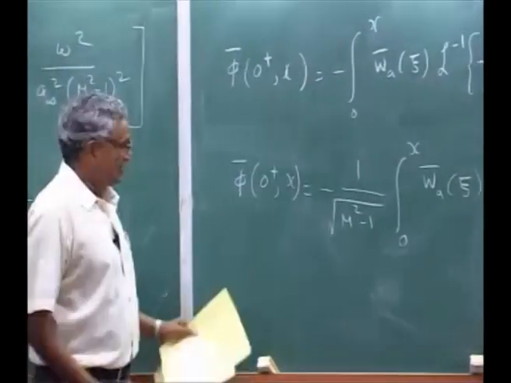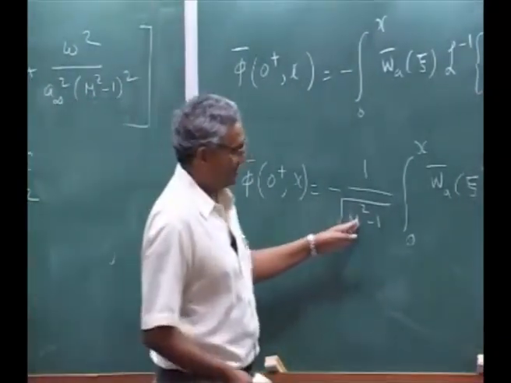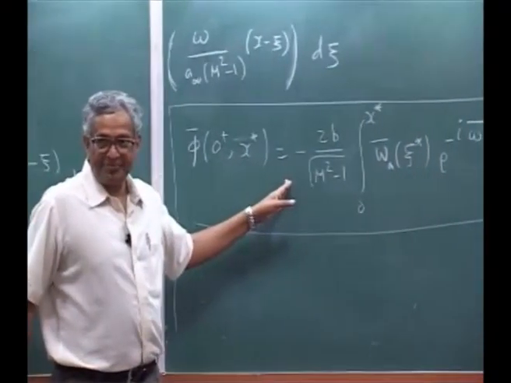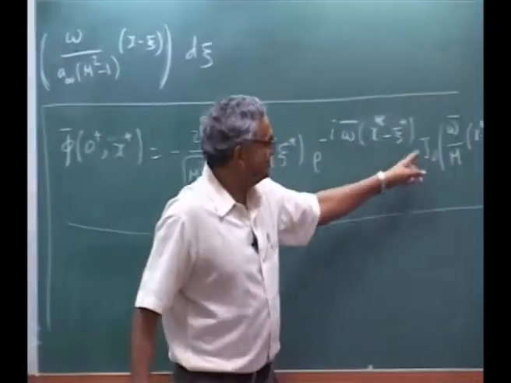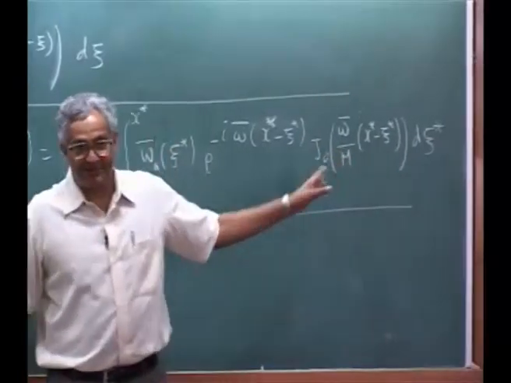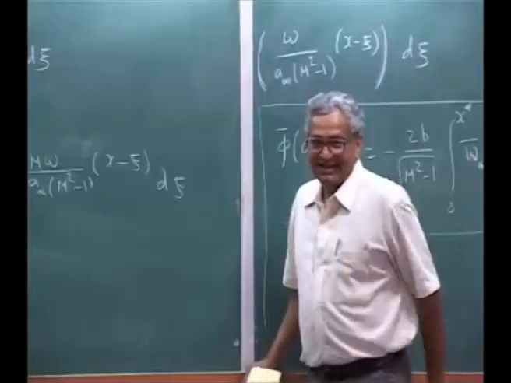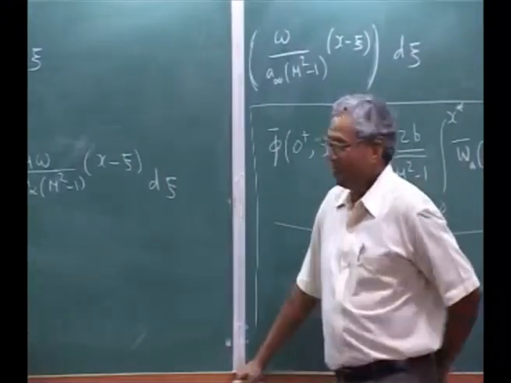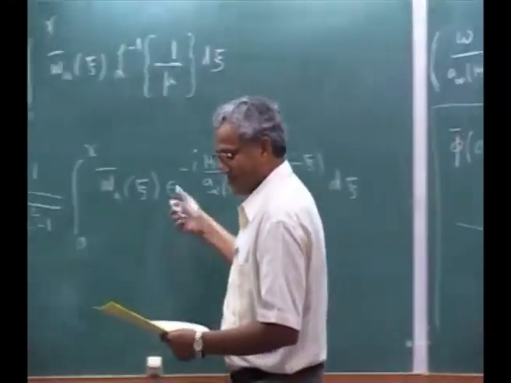Okay. You see the difference between this integral and this. Only thing is I have that J naught, which is a Bessel function. Here I don't have that, and this is very easy to integrate. What we will do is, let us find out the solution.